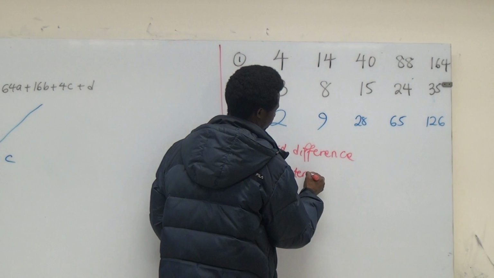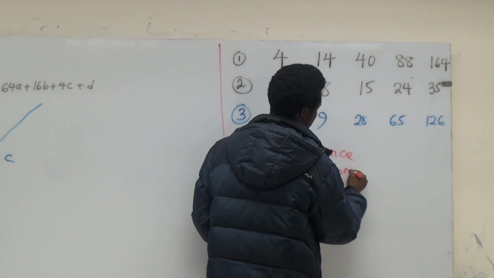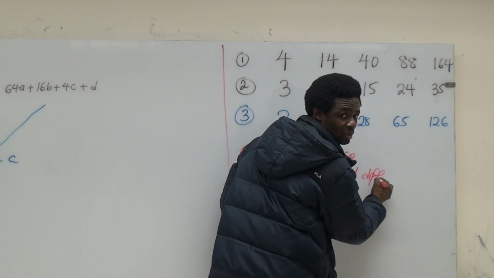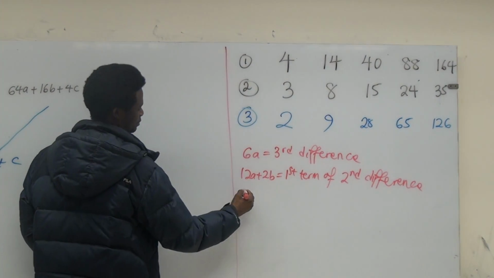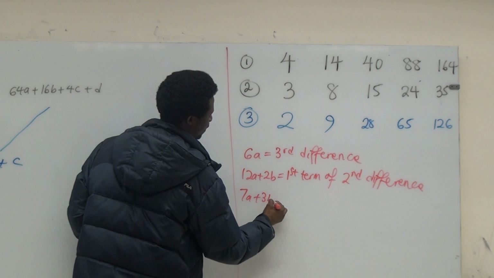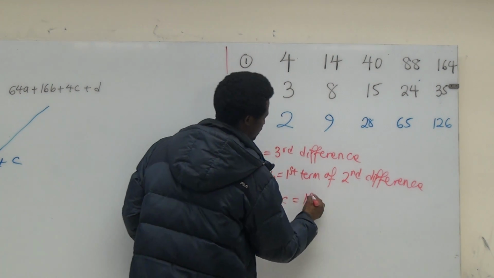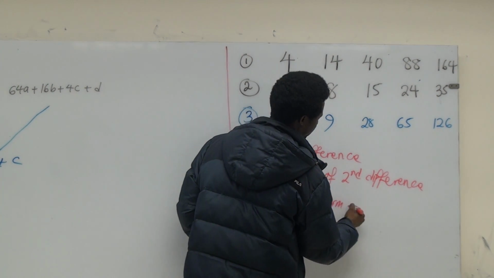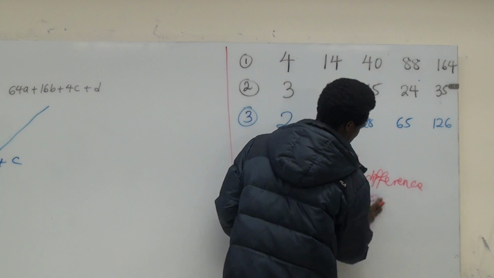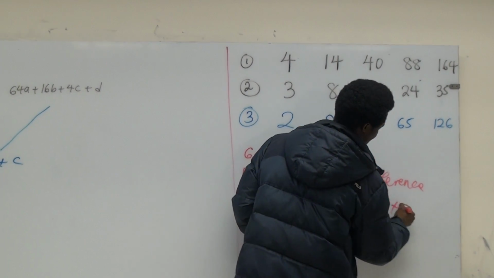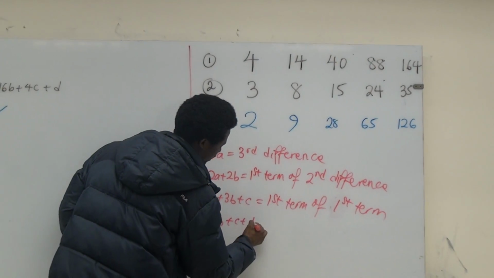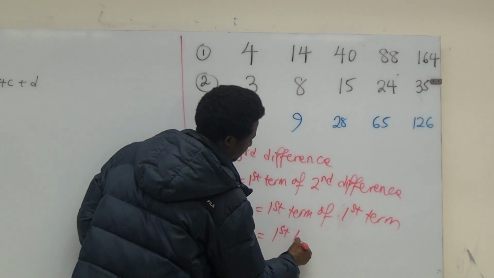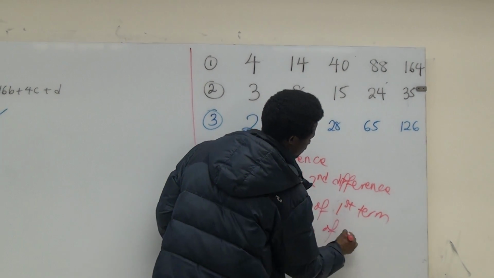So what is the next equation? 7A plus 3B plus C is the first term of the first difference. And A plus B plus C plus D is the first term of the original sequence.